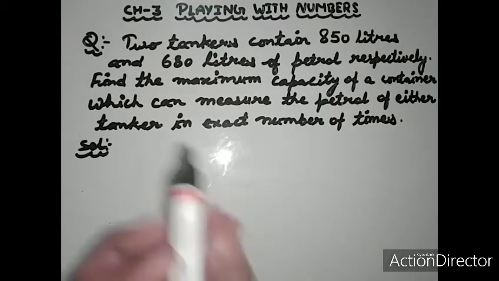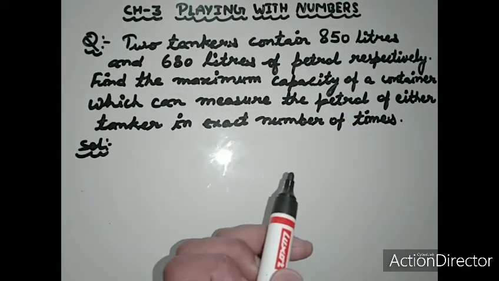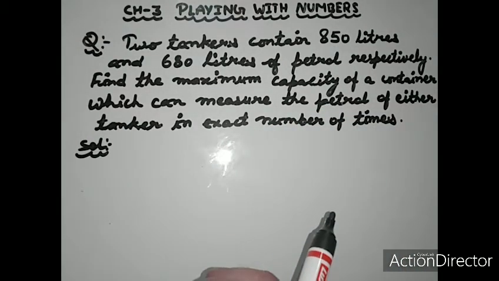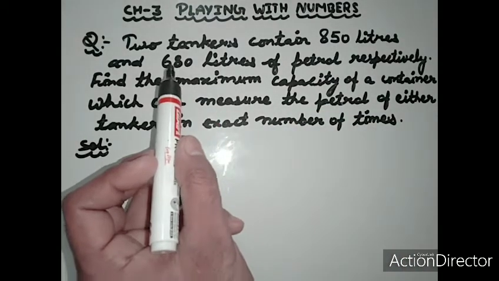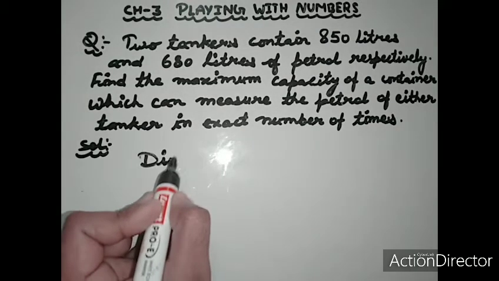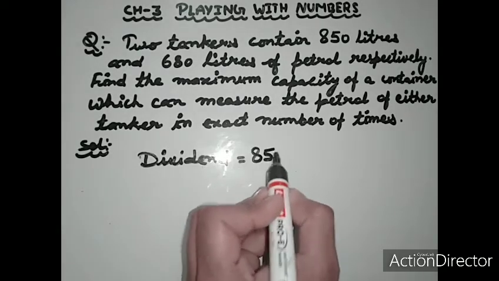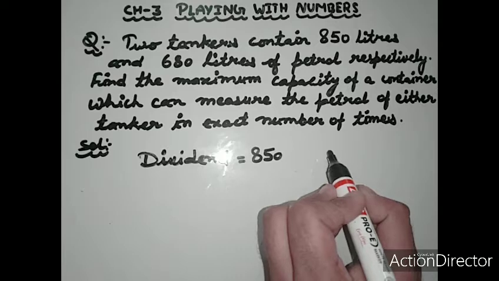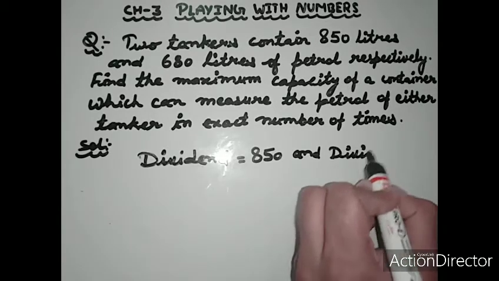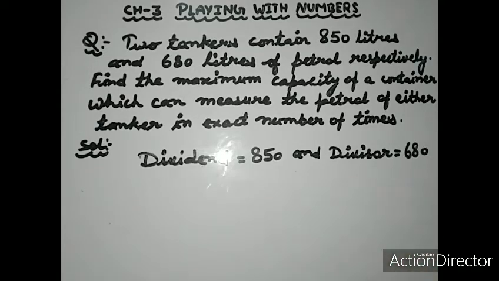So here there are two numbers, 850 liters and 680 liters. Here we take the greater number as dividend and the smaller number as divisor. So here we write dividend equal to 850 and divisor equal to 680.